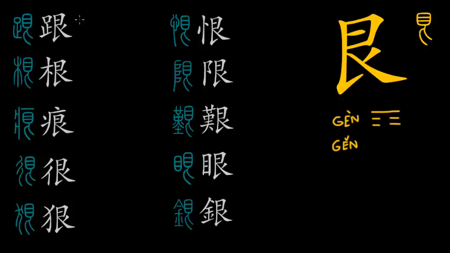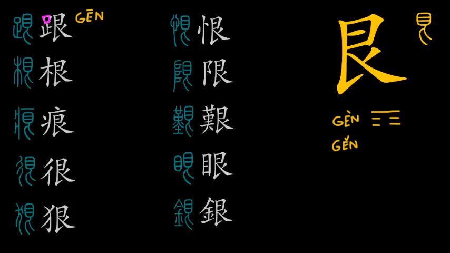So the first character is pronounced gun in the first tone, and its original meaning was, or is even, to follow. It is a verb. And the semantic element in it is this.